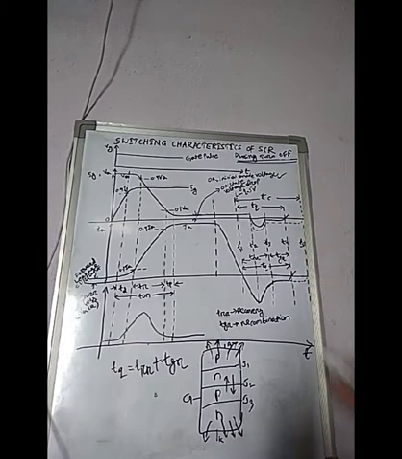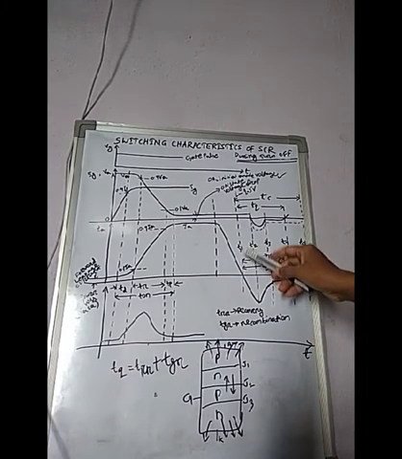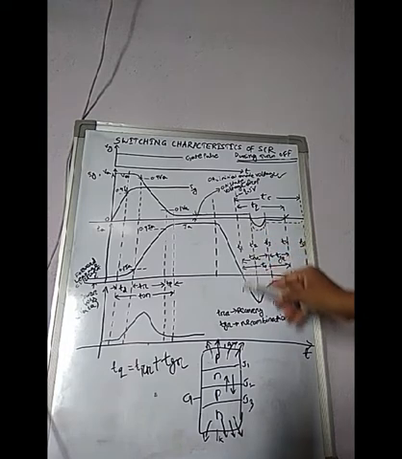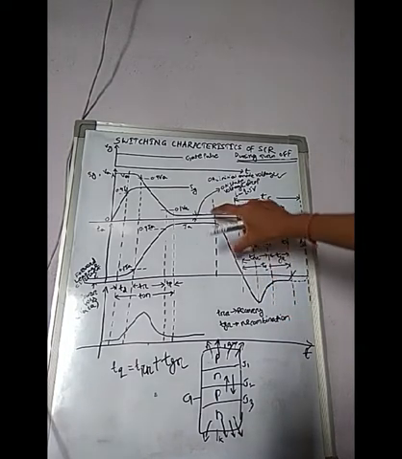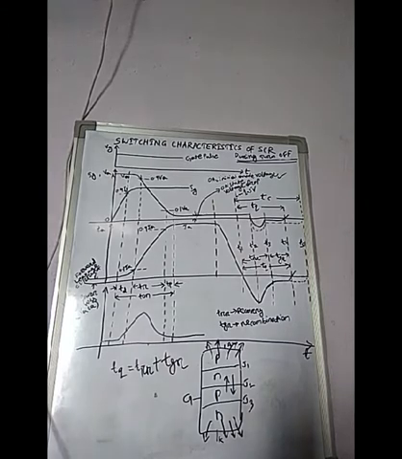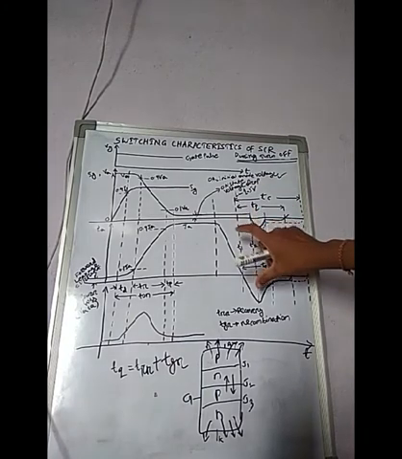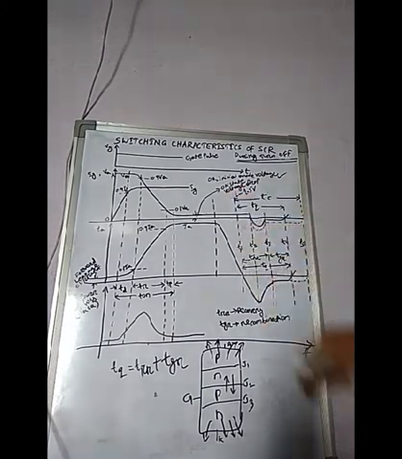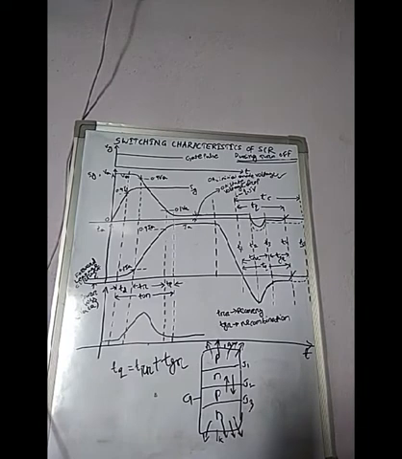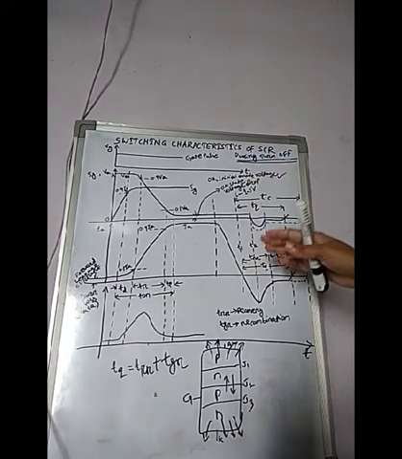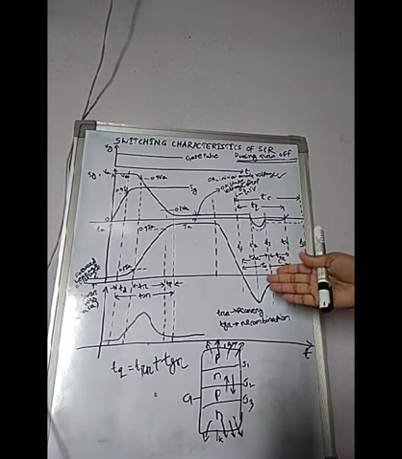So at instant T1 the anode current becomes zero. This is the commutation process applied across the thyristor. Commutation process means the turn-off process of the thyristor. Once the commutation is applied, the thyristor goes into the turn-off process, that is, initiation of turn-off starts.